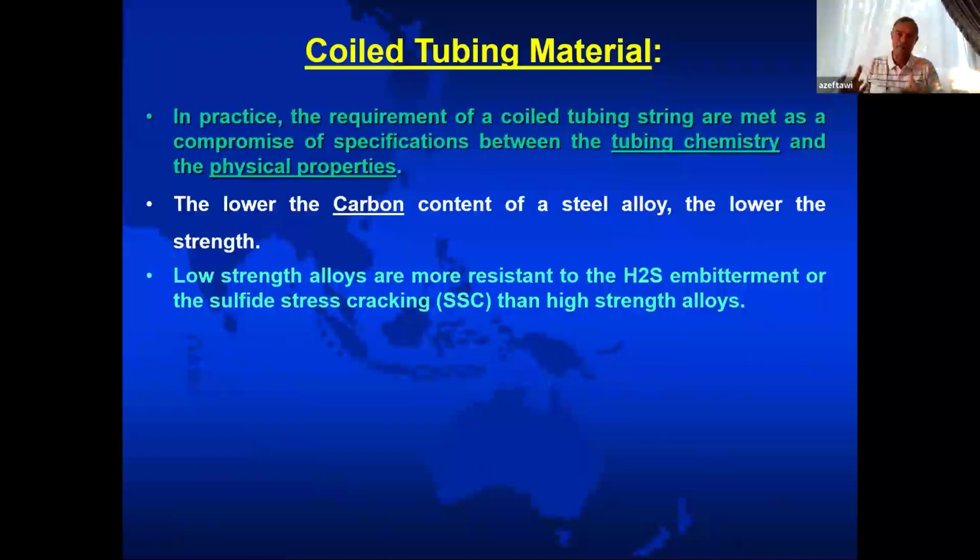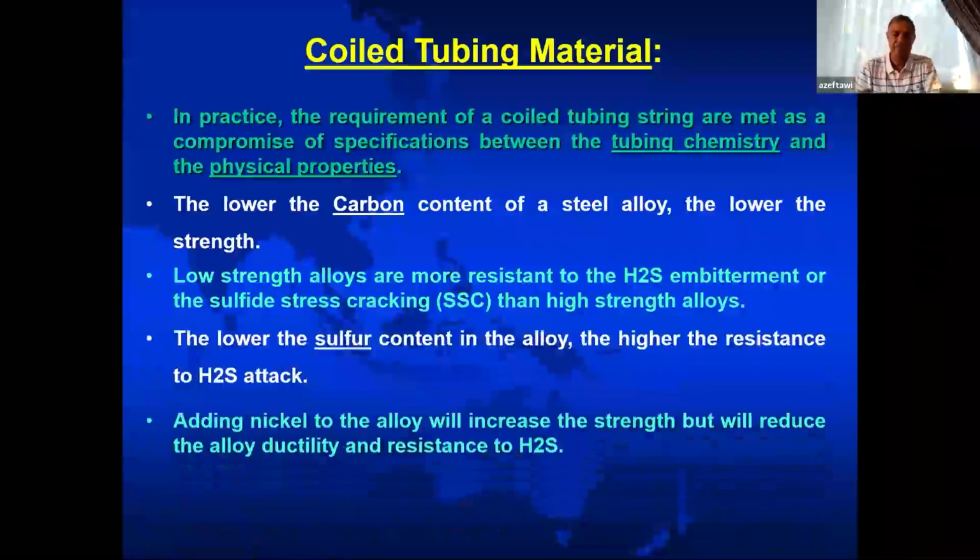If you need your pipe to be H2S resistant, you have to remove the carbon content. By removing the carbon content to increase resistance to H2S, this will give you a disadvantage, which is lower steel strength. So nothing you take is for free. Any advantage, you have to take it with its disadvantage as well.